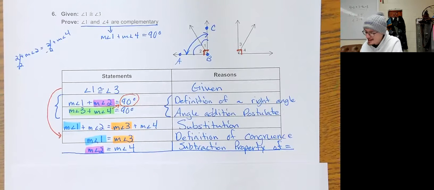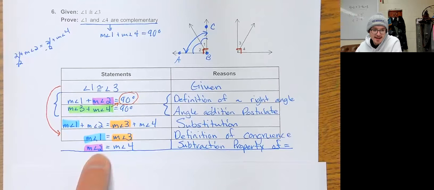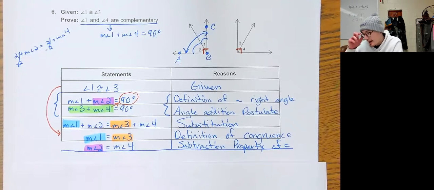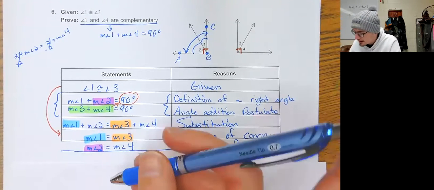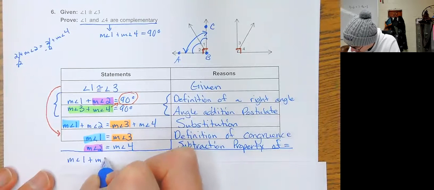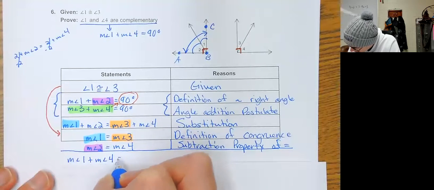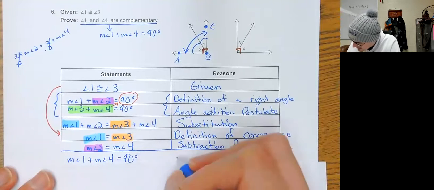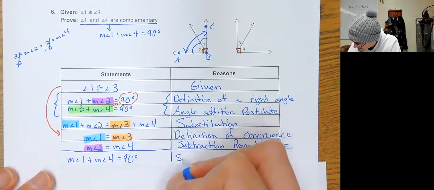Anyways, the point here is this is equal to measure of angle 2. Well, can't I substitute this in for that because I just proved that they're equal? I can. So I can say that the measure of angle 1 plus the measure of angle 4 equals 90 degrees. And the reason for that would be substitution.